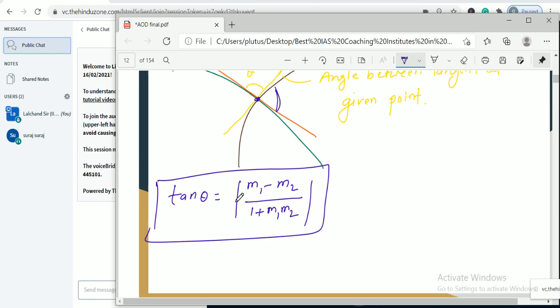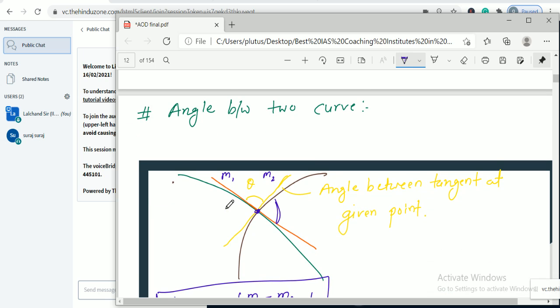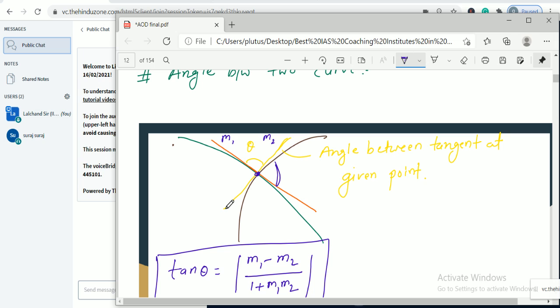So can we solve some question based on this concept, the angle between two curves? Okay, so there is a question for you.